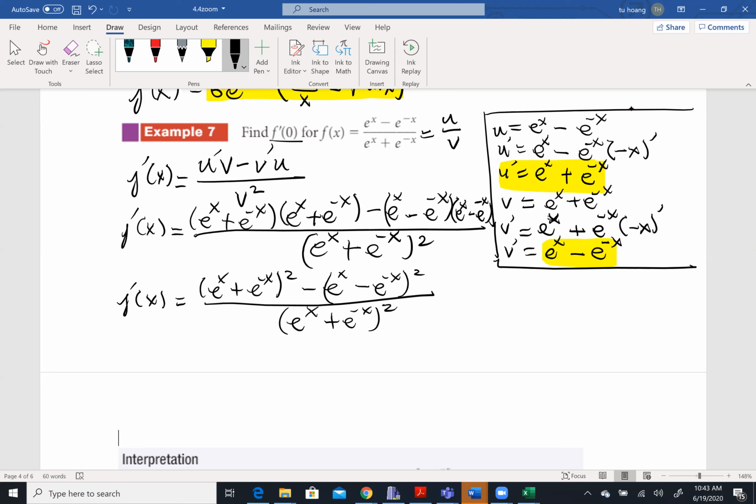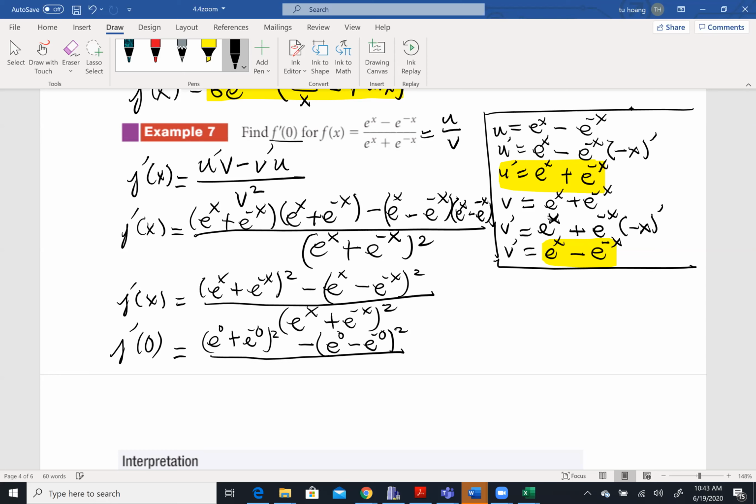So I have f of 0 will be what? e to the 0 plus e to the negative 0 and square, minus 4 times (e to the 0 minus e to the negative 0) square, divided by (e to the 0 plus e to the negative 0) square.